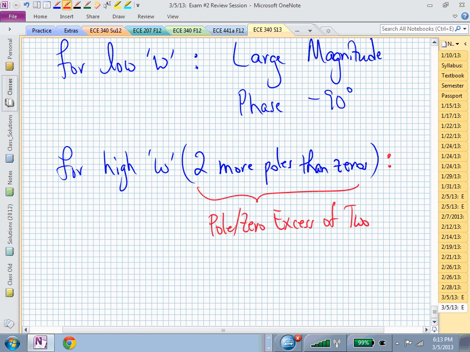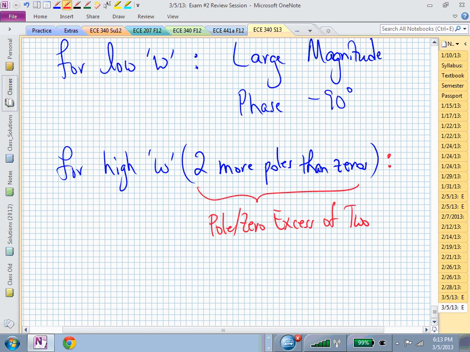And what does that mean for the magnitude? Do you know anything about the magnitude behavior at high frequencies based on just the pole zero relationship or the pole zero excess? It's now going to be going down like you had just 2 poles in your system at high frequencies.